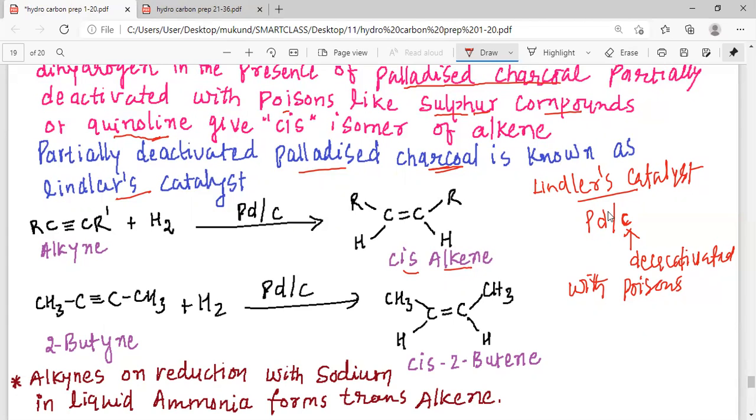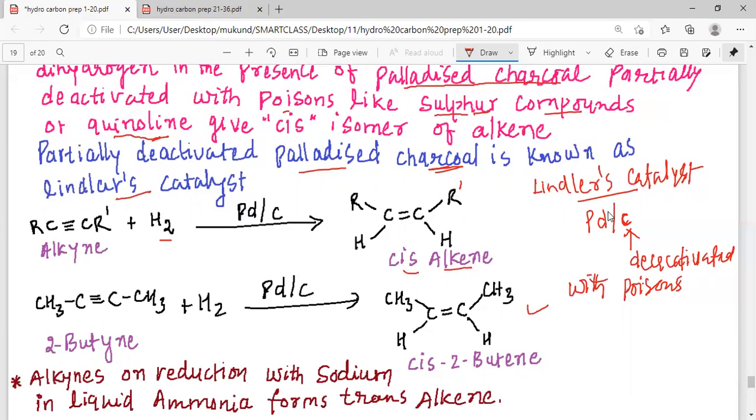If we add hydrogen in the presence of the catalyst, we will get the cis alkene, where both R and R' are on the same side, and both the hydrogens are also on the same side. Let us see it with one more example.